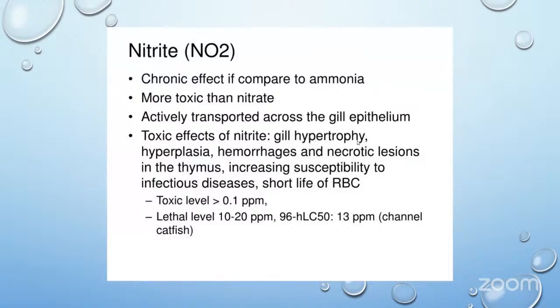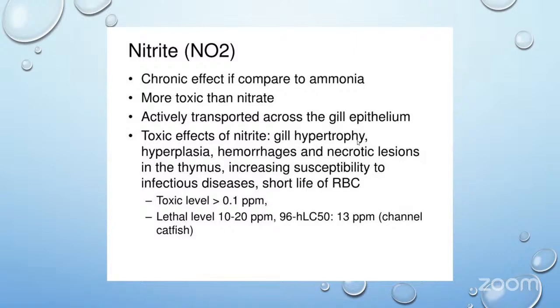Nitrite is more toxic than nitrate and is actively transported across the gill epithelium. Toxic effects of nitrite include gill hypertrophy, hyperplasia, hemorrhages, and necrotic lesions in the thymus, increasing susceptibility to infectious diseases, and a short life of RBCs.